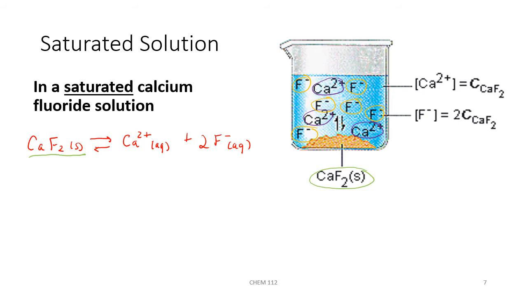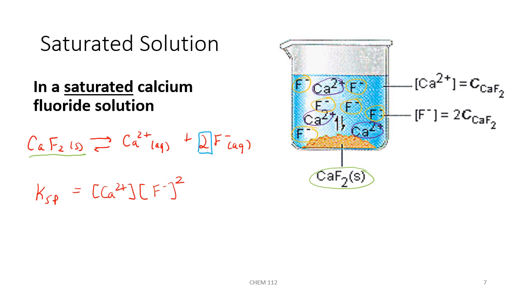So there's always going to be that 2-to-1 ratio of fluoride to calcium just because of the chemical formula of the solid itself. We could next write the KSP for our equation. It would be equal to the concentration of calcium 2 plus ions times the concentration of fluoride anions, and we would have to square our concentration of fluoride anions because we don't want to forget that we have that 2 out in front of it.